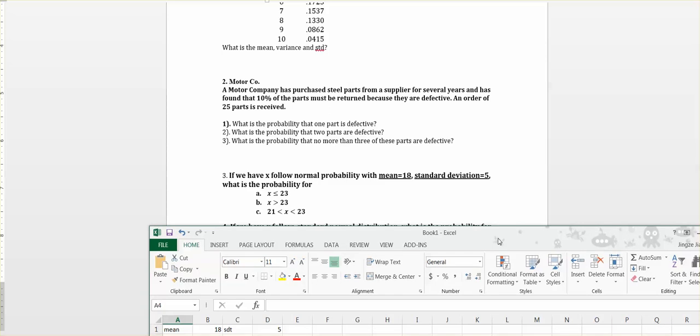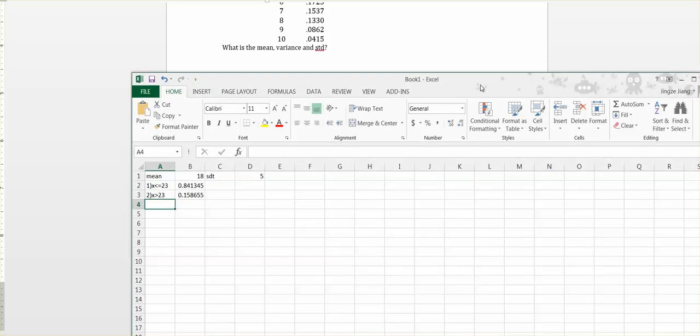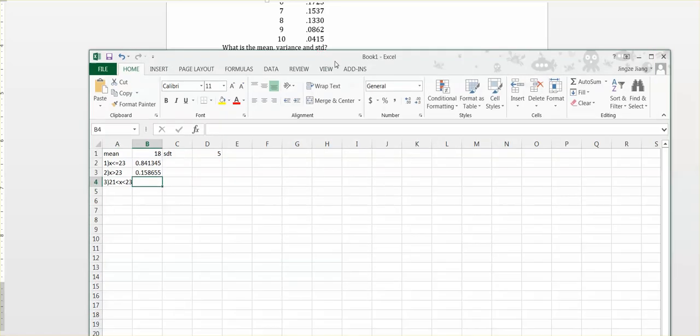Now let's look at the last one. What's the probability for x larger than 21 and smaller than 23? In order to answer this question, you need to have a picture in your mind of how it should look.